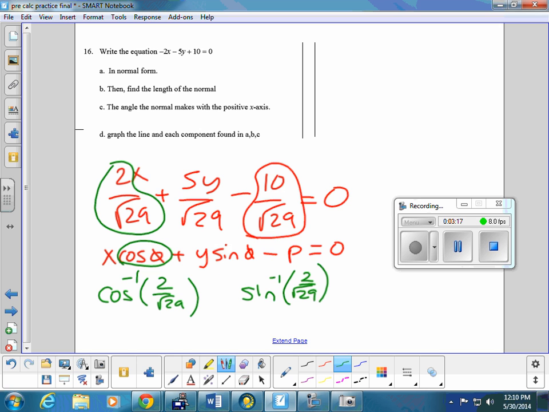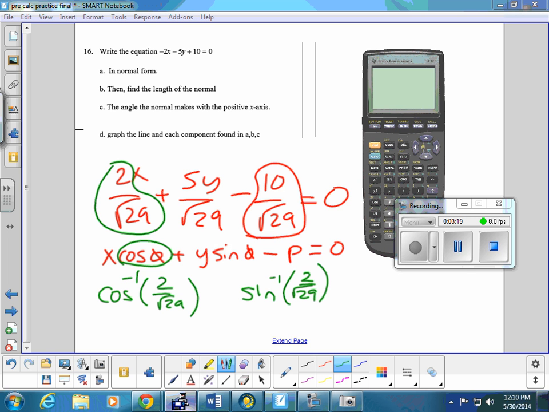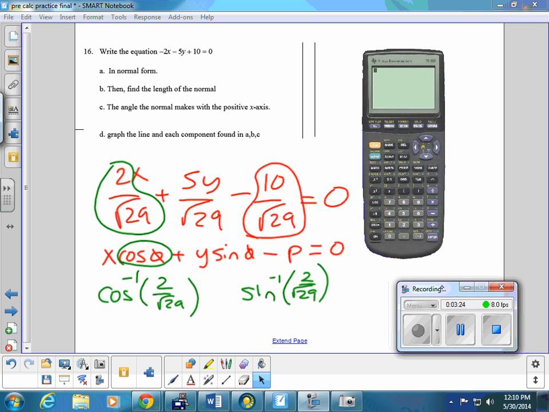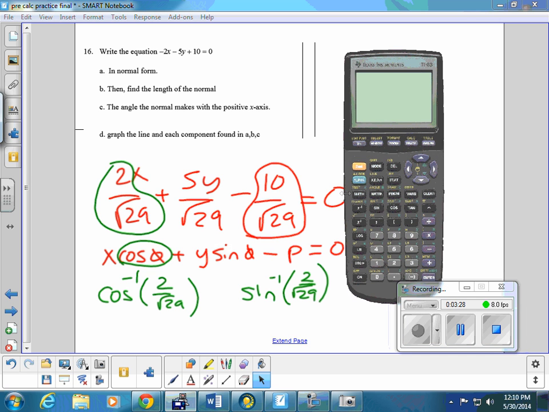Okay, so when we do that on the calculator, you want to be in degrees, not radians, for this type of question. So make sure you're in degrees.